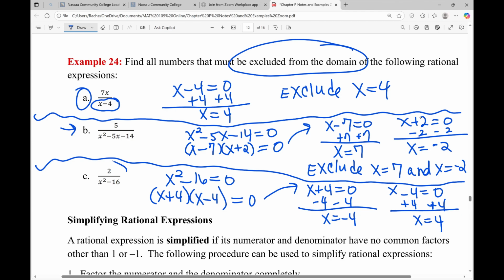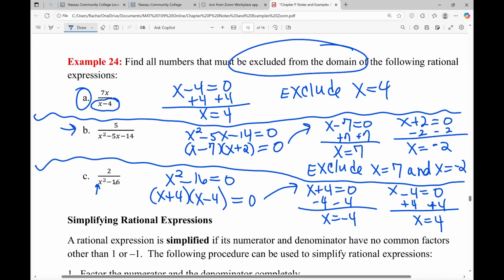When x is negative 4 and I plug that in for the x squared, I get 16. And 16 minus 16 would be 0, and I'd have 2 divided by 0. Same goes for 4. If I plug in 4 for x, 4 squared is 16, 16 minus 16 is 0, and I would have 2 divided by 0.